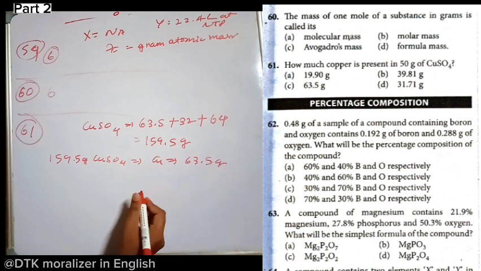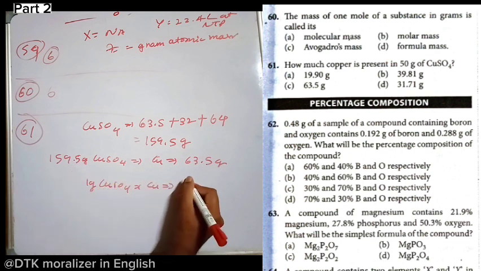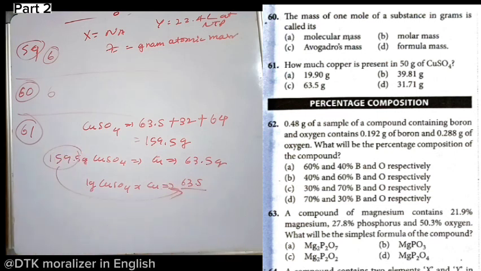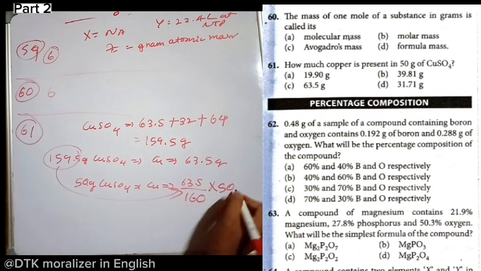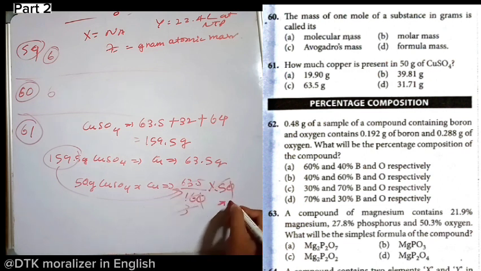As you can see, in 159.5 grams of copper sulfate, copper present is 63.5. So for 1 gram of copper sulfate, copper present is 63.5 by 159.5. Here, for 50 grams we have to multiply it by 50 grams.